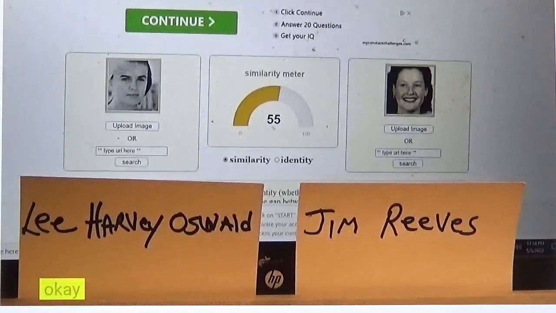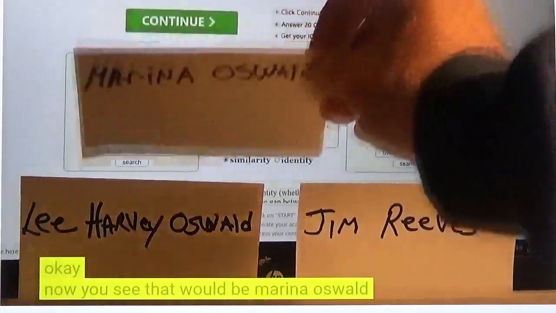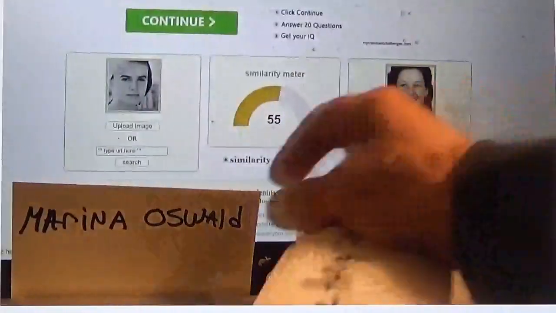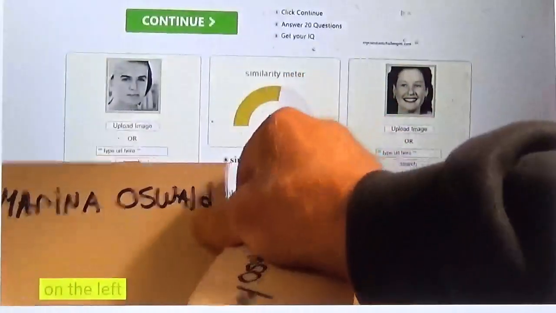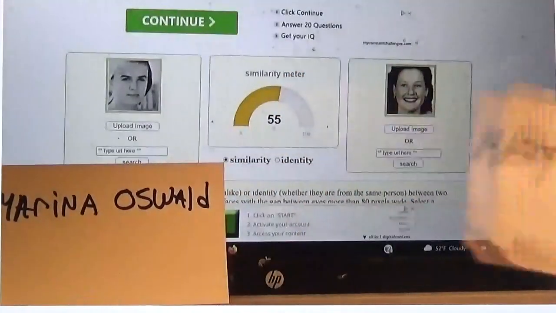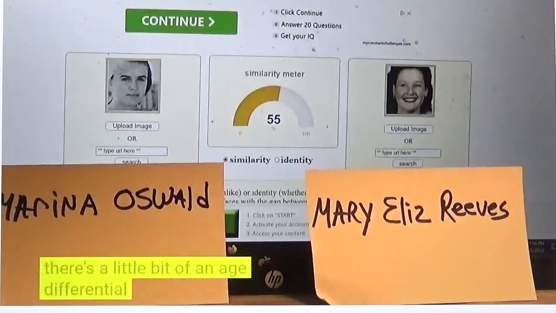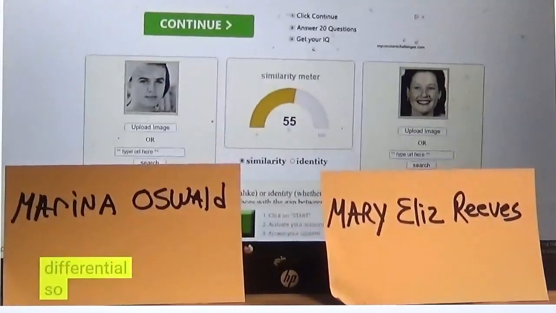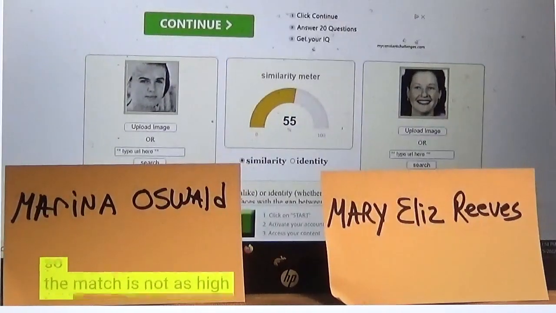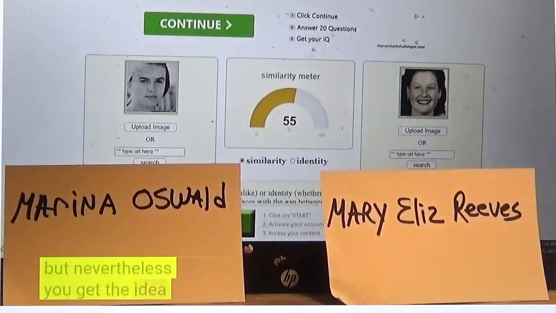Now you see that would be Marina Oswald on the left, and Mary Elizabeth Reeves on the right. There's a little bit of an age differential, so the match is not as high, but nevertheless, you get the idea.